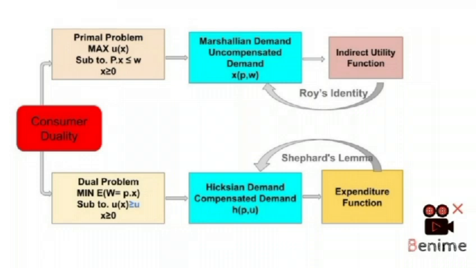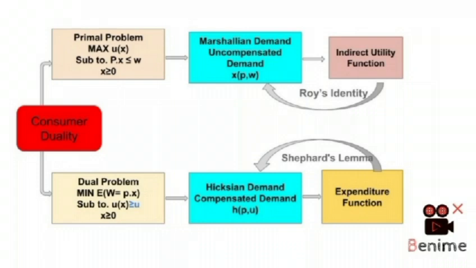The optimal variables of the primal problem are price of goods and consumer's income. Taking these variables as a function, we can get the indirect utility function. Similarly, we can get the expenditure function by taking the optimal variables of the dual problem as a function, and the variables here are price of goods and utility.